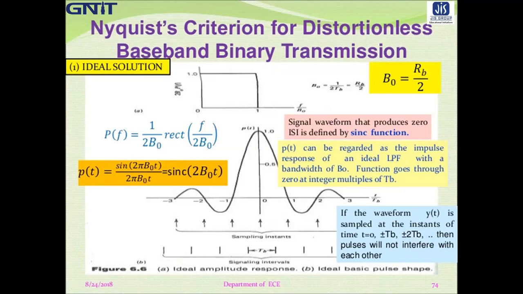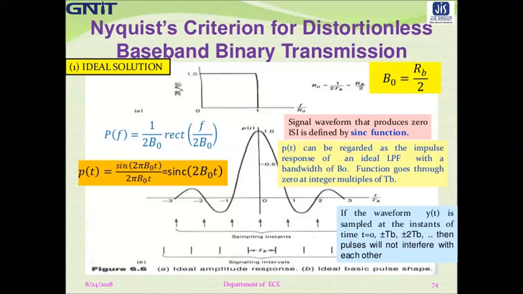And the sinc pulse's spectrum is basically a square wave. So mathematically it is proved here. Although it gives the ideal solution of zero ISI, still some difficulties or disadvantages are present.